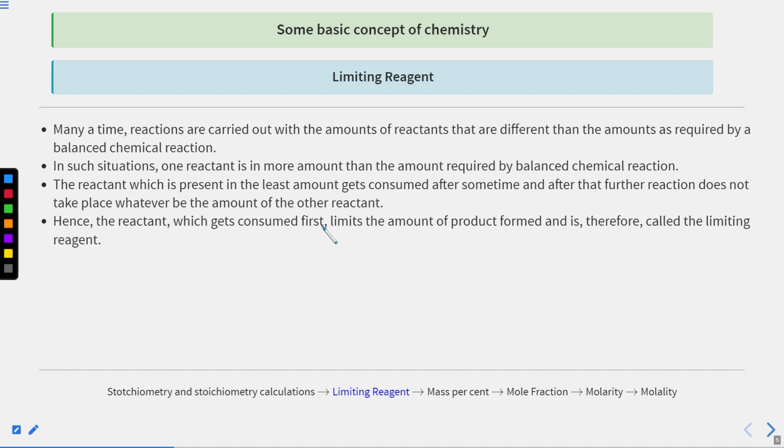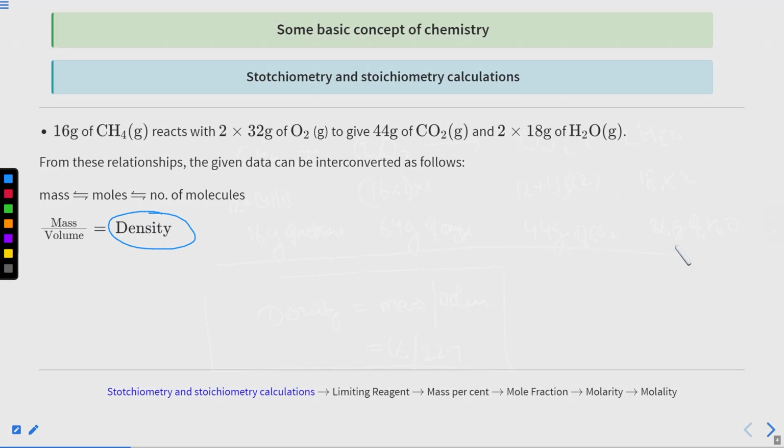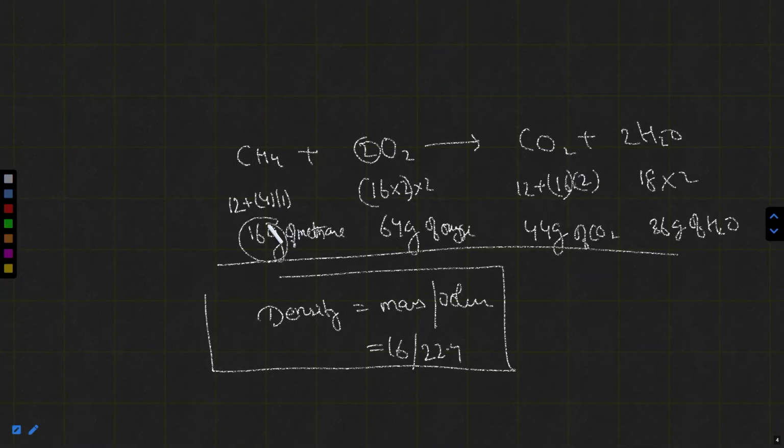Many times reactions are carried out with amounts of reactant that are different from the amounts required by the balanced chemical reaction. How can we explain it? In the previous example, we have seen that 16 gram of methane is taken. Now instead of 16 grams, suppose we take 12 gram of methane.